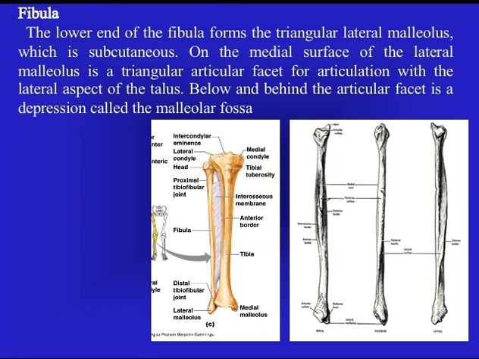On the medial surface of the lateral malleolus is a triangular articular facet for articulation with the lateral aspect of the talus. Below and behind the articular facet is a depression called the malleolar fossa.